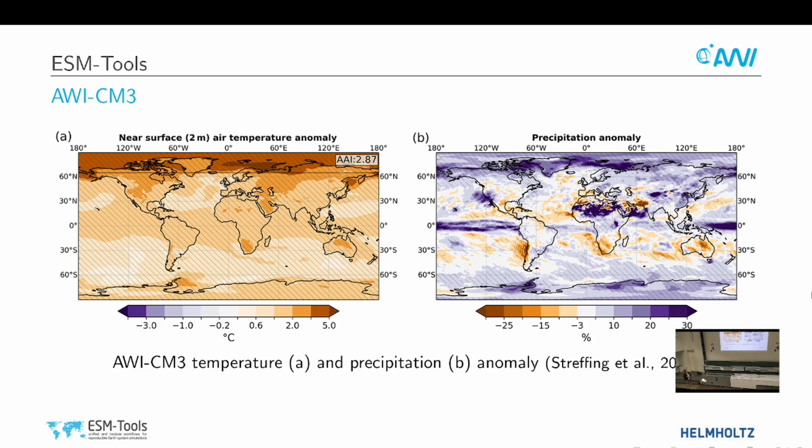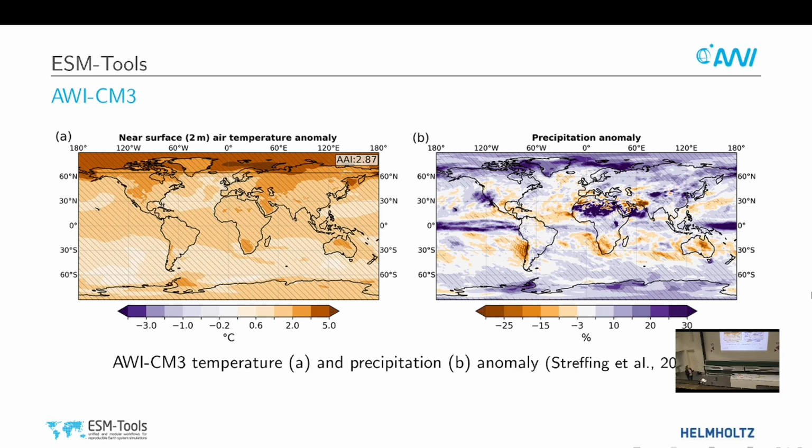Okay, and just to give you an impression of the output of such a climate model, you can run different scenarios with such a coupled system. This is an example for AWI-CM3, which shows on the left the temperature anomaly from two different model simulations with two different scenarios with respect to CO2 emissions. I think it's a mean over the last 25 years.